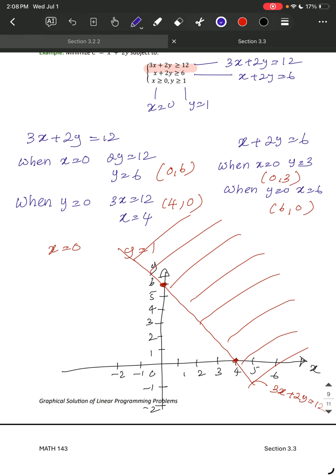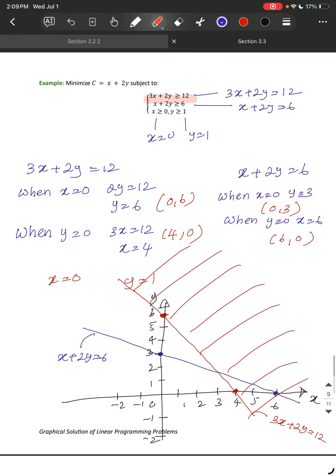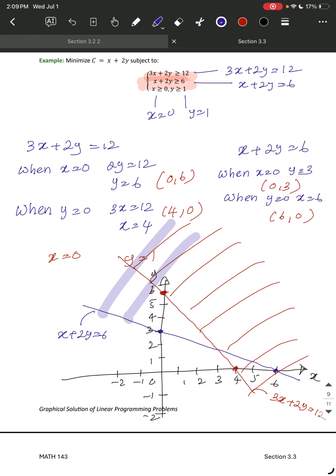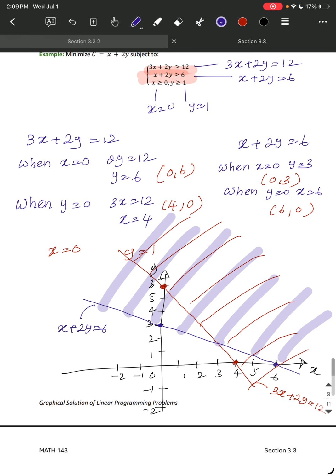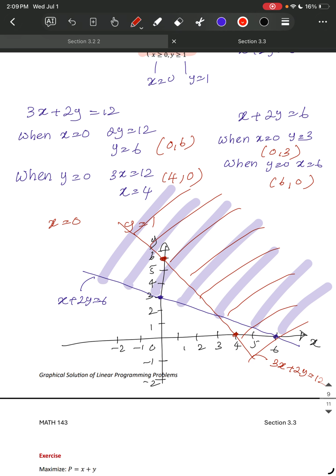Next, 0, 3 and 6, 0. Again, a solid line here, that is x plus 2y equals 6. Again, above the line because it says the region greater than here, right? Above the line here. Okay, next, x equals 0, that means the y-axis.